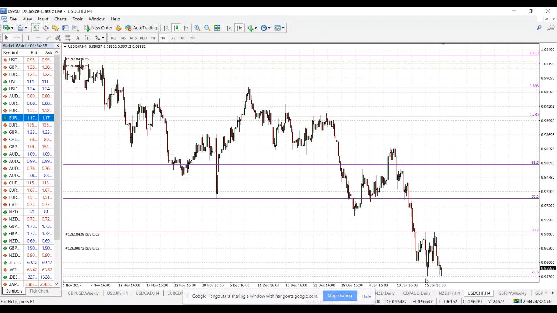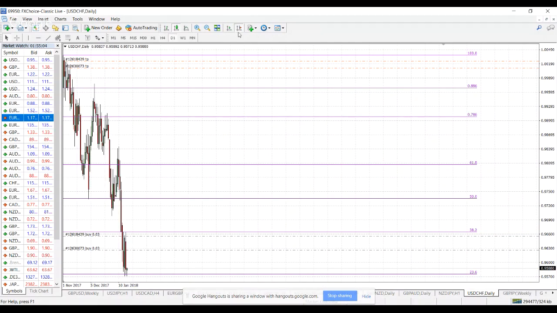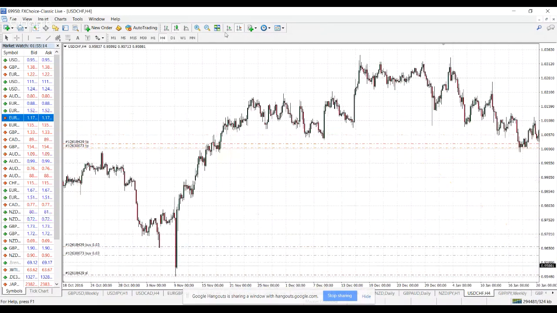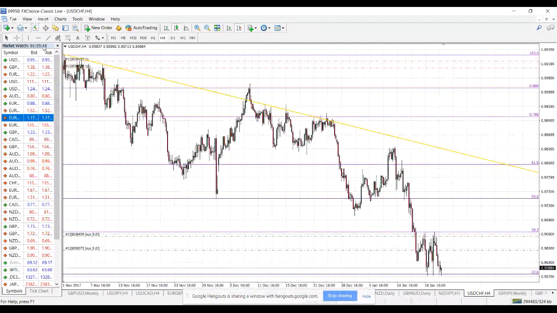As you can see, price is being rejected at the 23.6 fib here. Now, we're expecting price to at least make a nice corrective move. So our daily trend line is right there. On the 4 hour, expect price to at least retrace back up to, not the 61, but at least the 50.